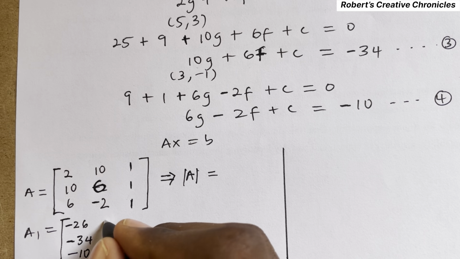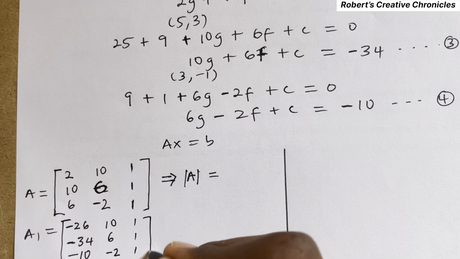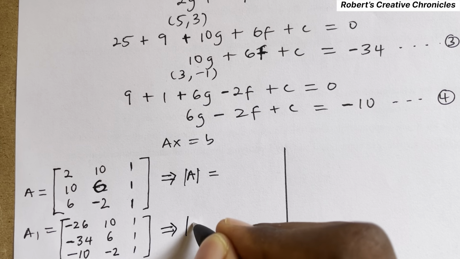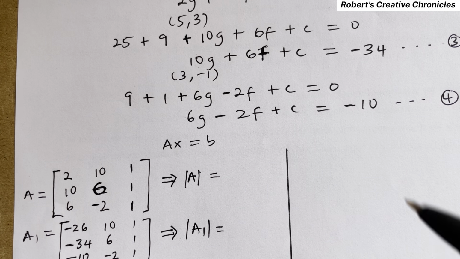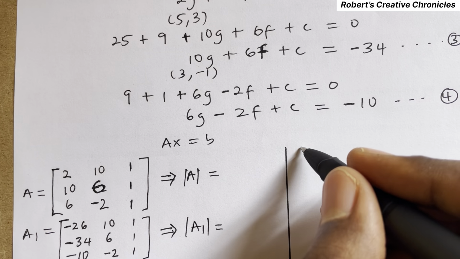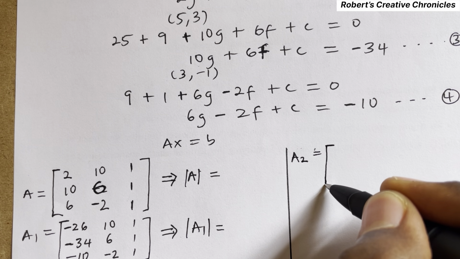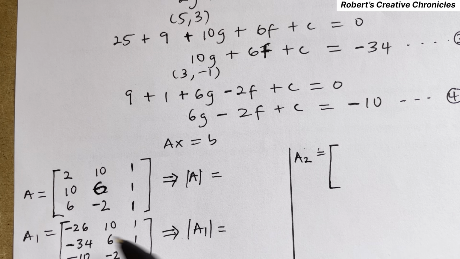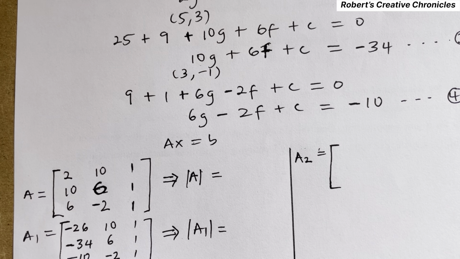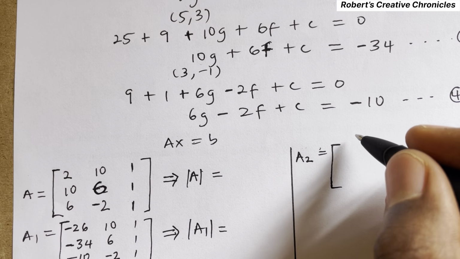Then we'll put this, which is 10, 6, minus 2, 1, 1, 1. So we'll find the determinant. Likewise, A2 will replace the second column. In here, we have replaced the first column with this column matrix. Now we'll replace the second column here with the column matrix.